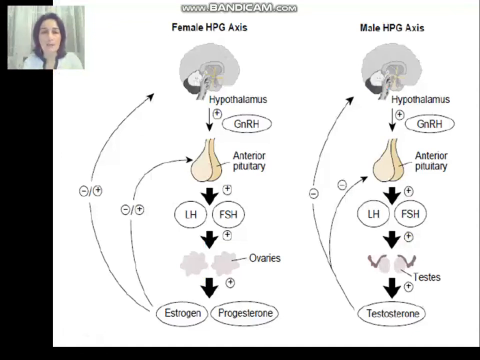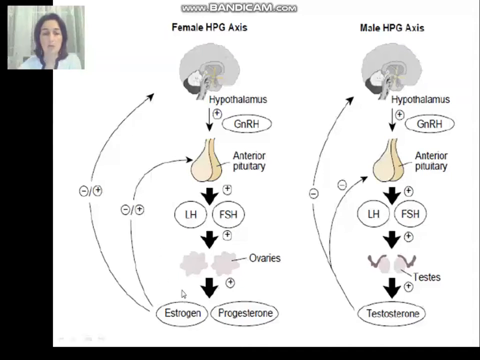To understand the functions of the endocrine system, we have to mention the feedback mechanisms. Here we look at how the feedback mechanism acts on the example of sexual hormone production.